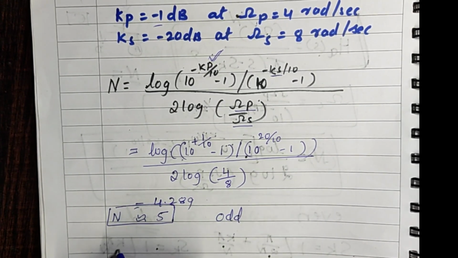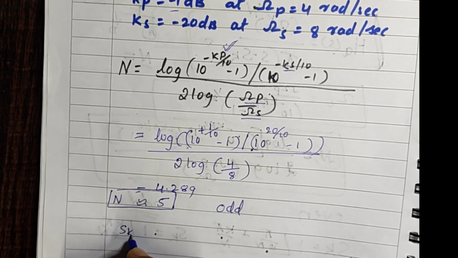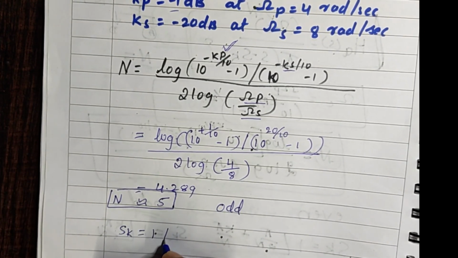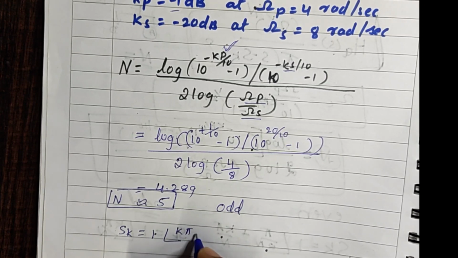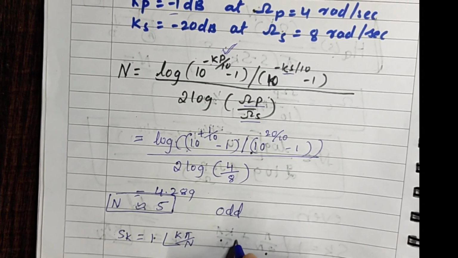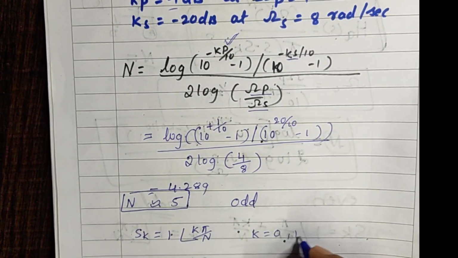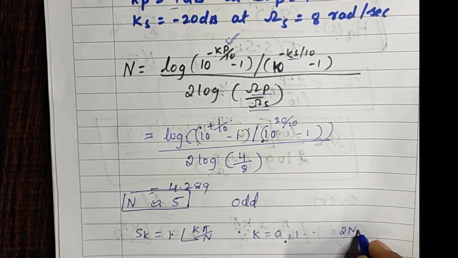So when n is odd, poles can be calculated. Sk is equal to 1 at an angle k pi by n, where k is 0, 1, 2 up to 2n minus 1.